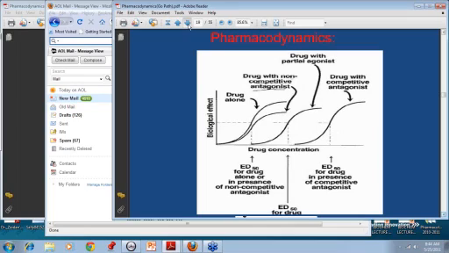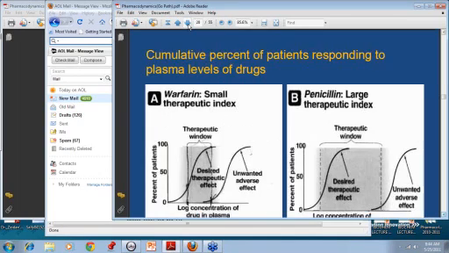And that's what you should be looking for when we talk about competitive antagonist, partial agonist, partial antagonist, and irreversible non-competitive antagonist and their effect. And that's what you need to appreciate and understand.